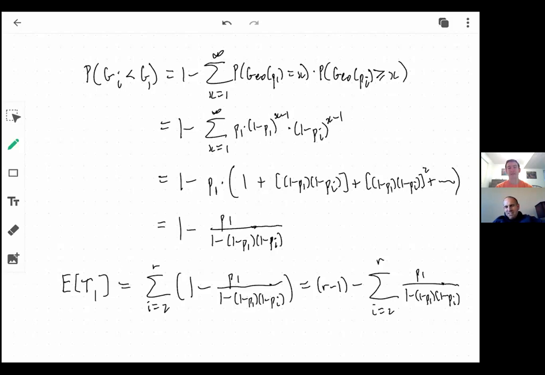The reason I brought it up in the context of order statistics is that it is in some sense an order statistic problem, because you're basically comparing where G1 is relative to all of the other geometrics.